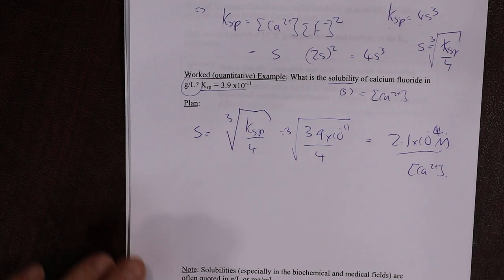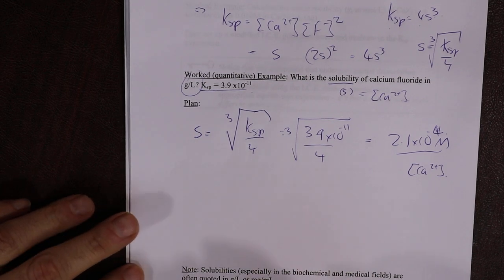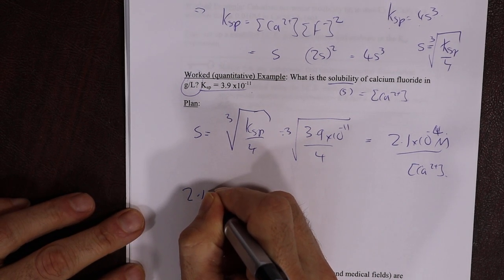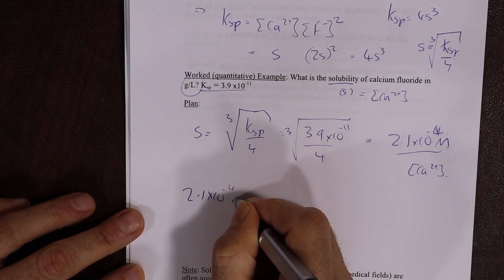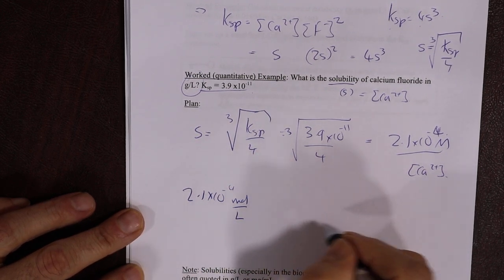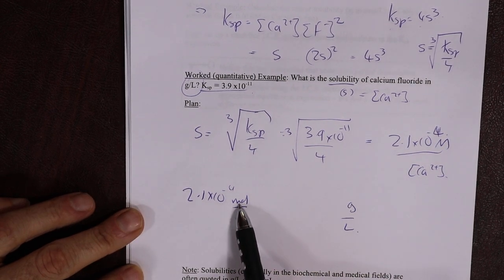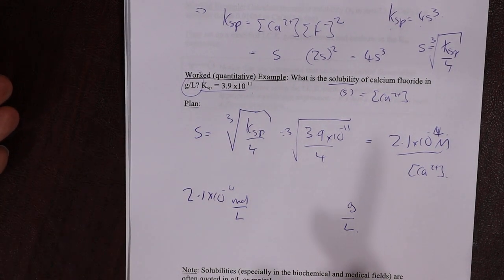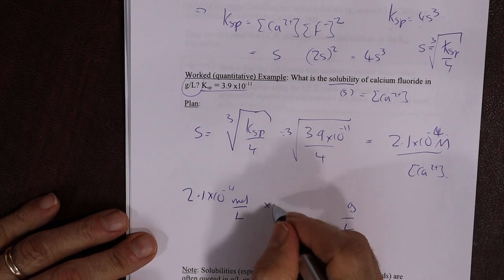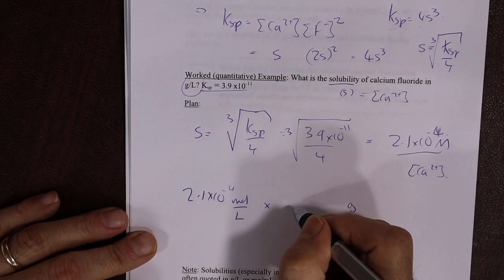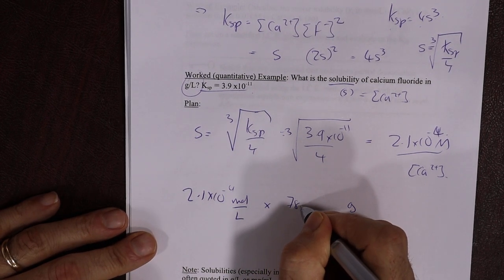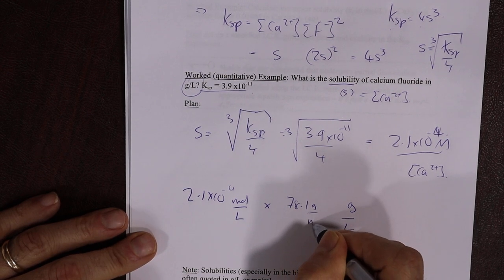So 2.1 times 10 to the minus 4 moles per liter, and we're going to turn that into grams per liter. All we're doing is turning moles to grams. How do you turn moles to grams? Well, you multiply by molecular weight. What's the molecular weight of calcium fluoride? It's actually 78.1 grams per mole.